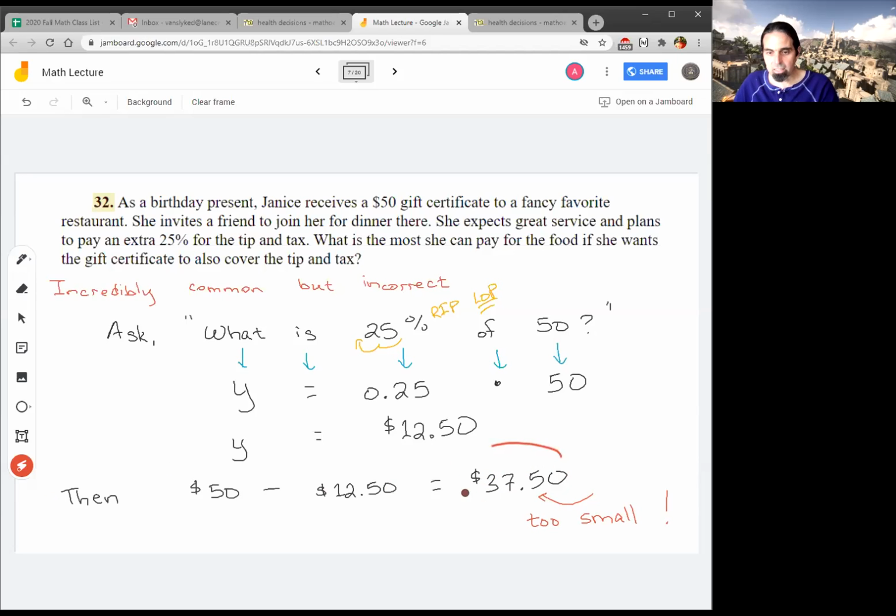Then we get something that's less than $12.50, because this is a smaller number than the 50. Right? 25% of a bigger thing is going to be more than 25% of a smaller thing. Just like if you have 10% of my income, that's a lot less than 10% of Bill Gates's income. So somehow this percent sentence, what is 25% of 50, led us astray.